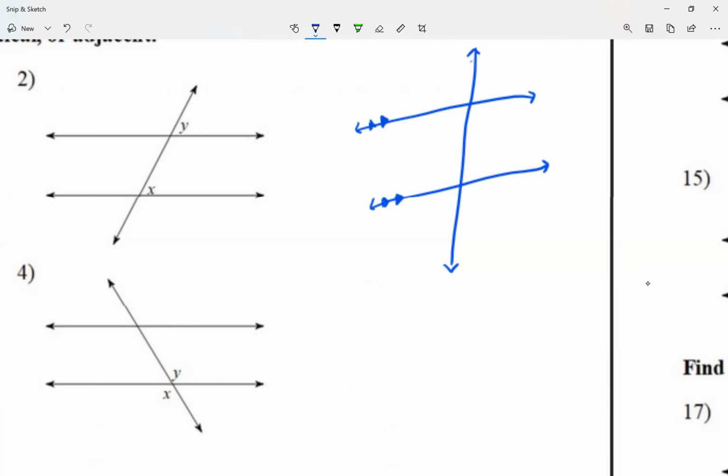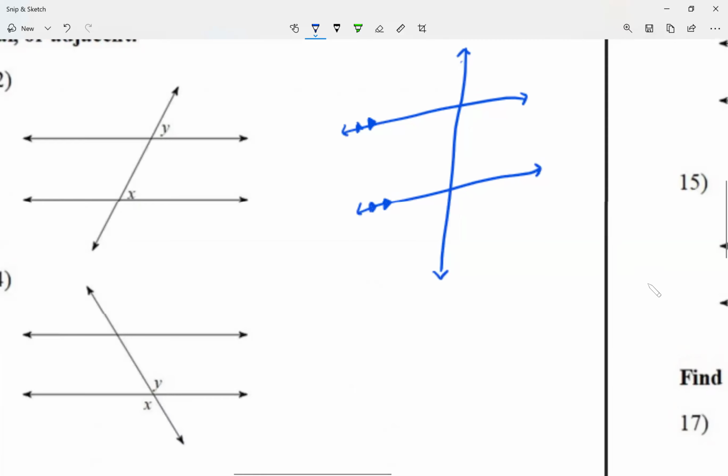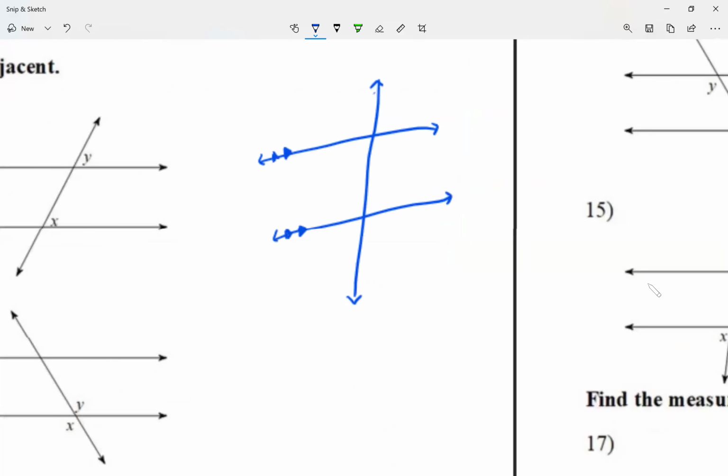Now, corresponding is, you notice how I created two corners. Let me highlight this corner and this other corner. So I created two corners, right? Now, corresponding is basically, if I was to grab an angle on one corner, let's say I was to look at this corner, this angle right here.